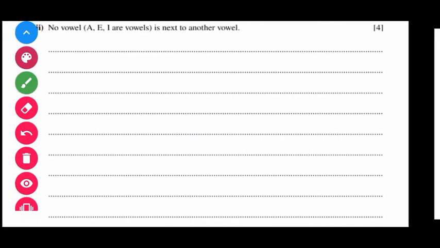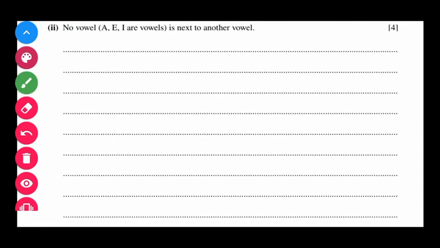Okay, let's see the next question. No vowel, A, E, I are vowels, is next to another vowel. No vowels are next to another vowel.